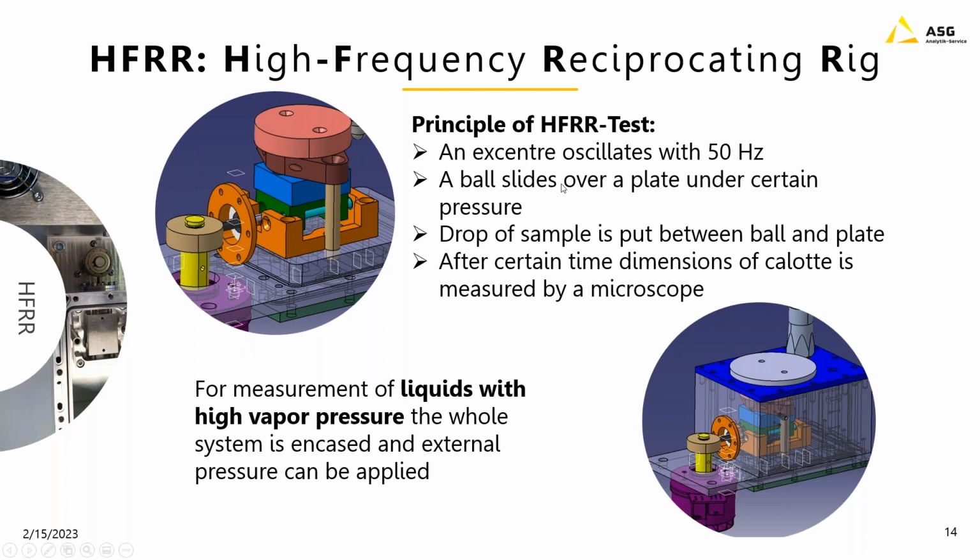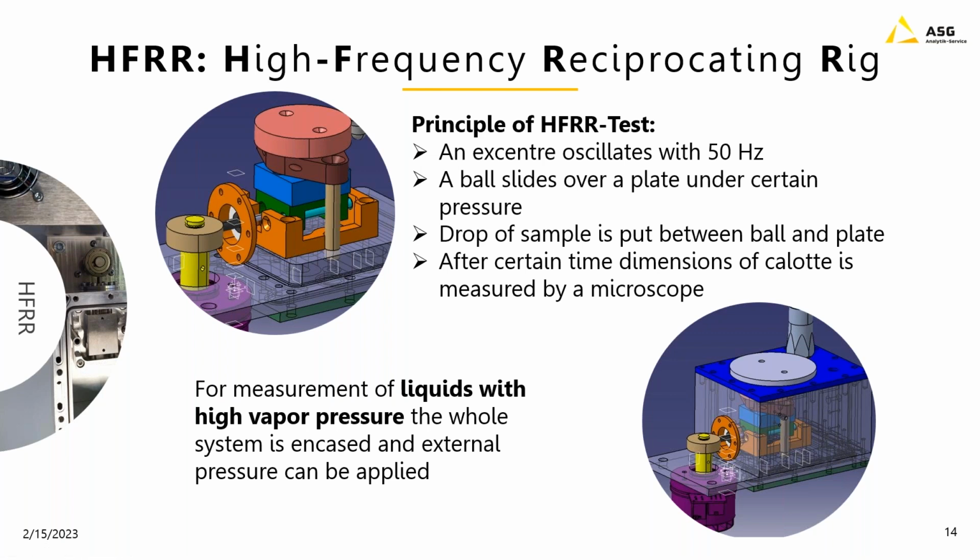This is the normal technique of HFRR, and to use this for liquids having a high vapor pressure, we put all the system in such a housing which can be set under pressure, and so you can avoid evaporation of your sample during the measurement.